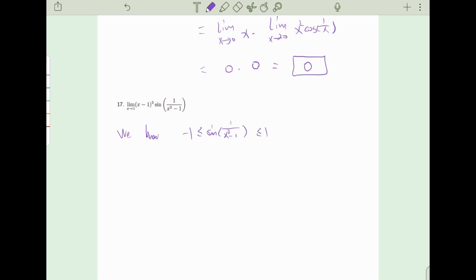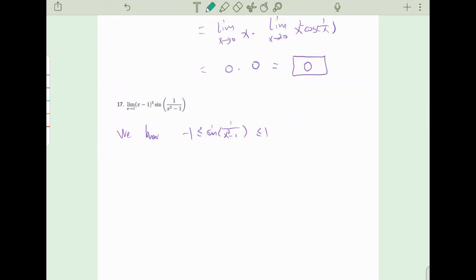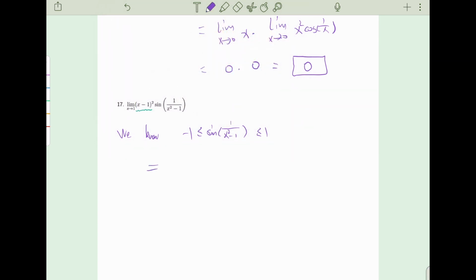Right? And the other factor here, which is x minus 1 in brackets squared, is something squared, right? Something squared is always greater than or equal to 0. So I can multiply this through without changing the direction.